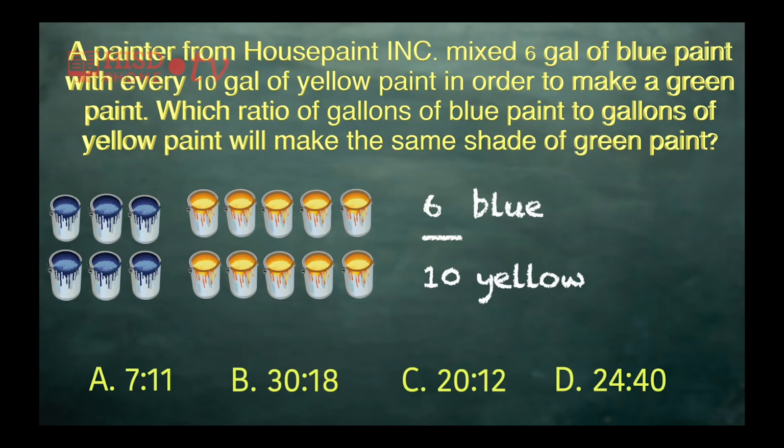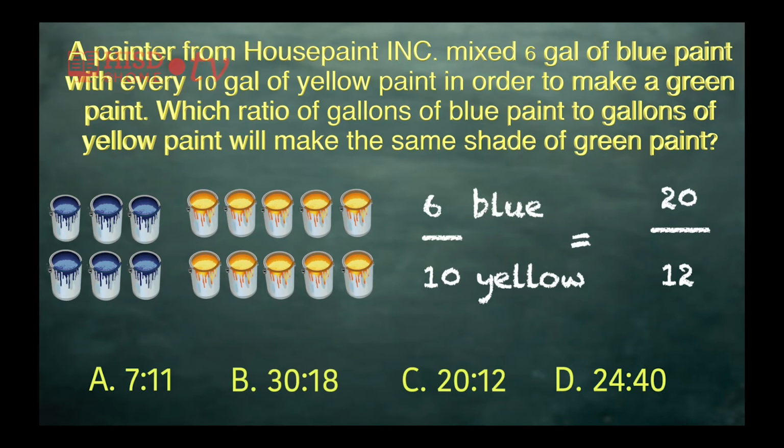Let's look at answer choice C, 20 to 12. I'm going to follow the same strategy as I did with answer choice B. Again, I will write 20 to 12 in fraction form and see if it's proportional with 6 to 10. I see that 6 doesn't go into 20 evenly, and the same for 10 into 12.